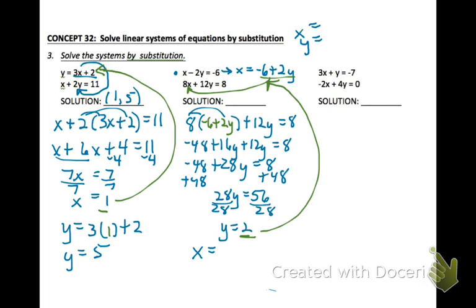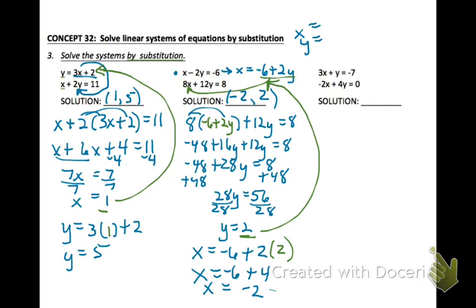So x will equal -6 plus 2 times my y value, which is 2. So x equals -6 plus 4, or x equals -2. There's my point. So now I write it as an ordered pair. So these two lines cross at the point -2, 2.